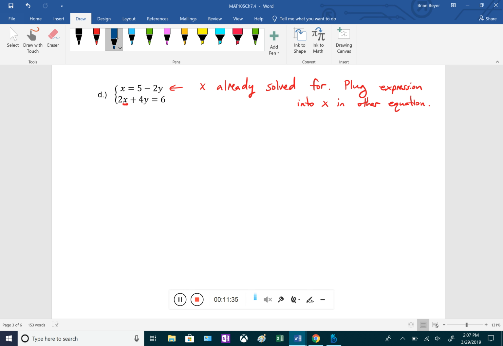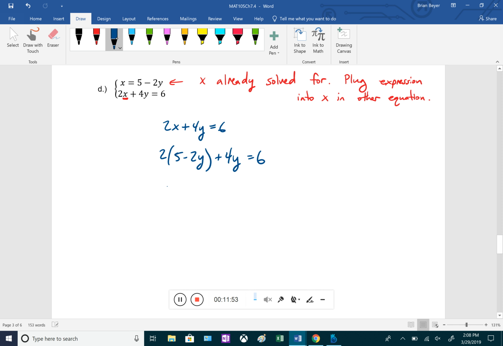So we have 2x plus 4y equals 6. This one was a little bit easier because we didn't have to solve for one. It was already solved for. So we plug in for x, 2 times 5 minus 2y, plus 4y equals 6. And we distribute the 2 and get 10 minus 4y plus 4y equals 6.